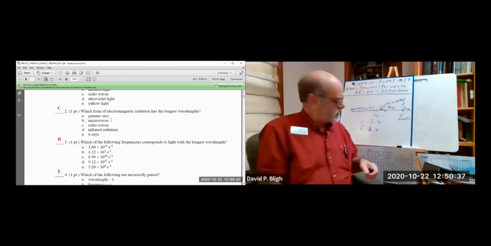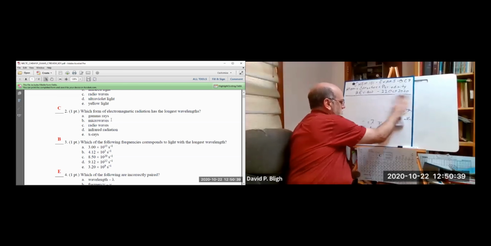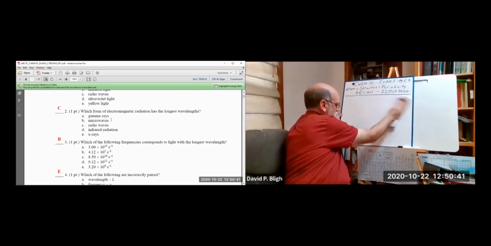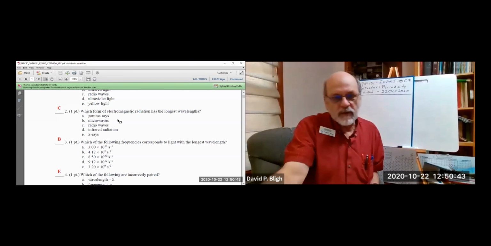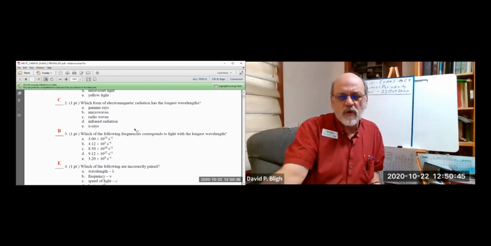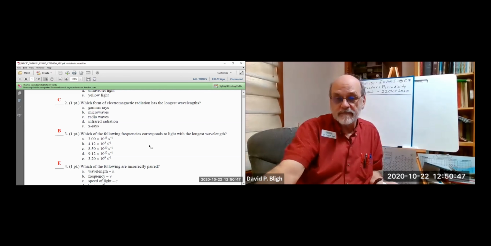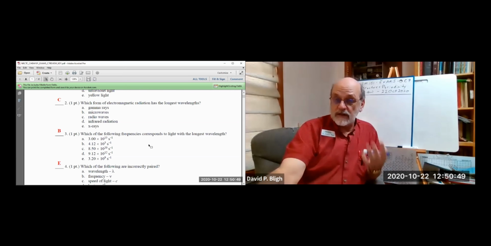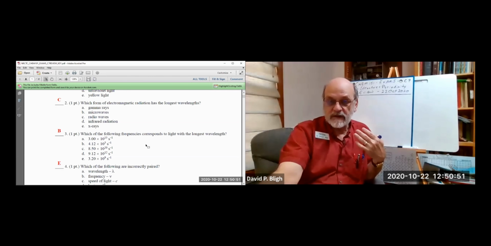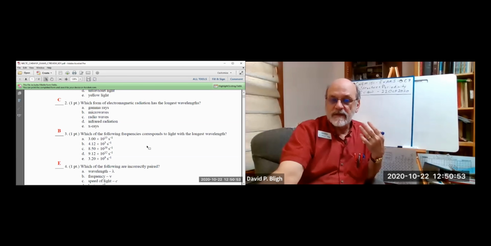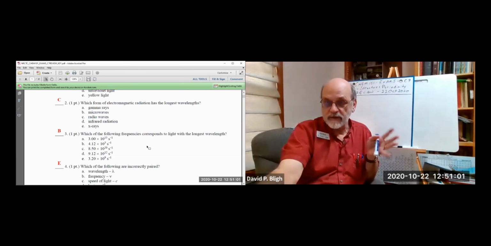So number 3. Number 3 says, which of the following frequencies corresponds to light with the longest wavelength? Well, all you need to do, based on our past discussion, is find the frequency that is the smallest, because frequency and wavelength are inversely proportional.